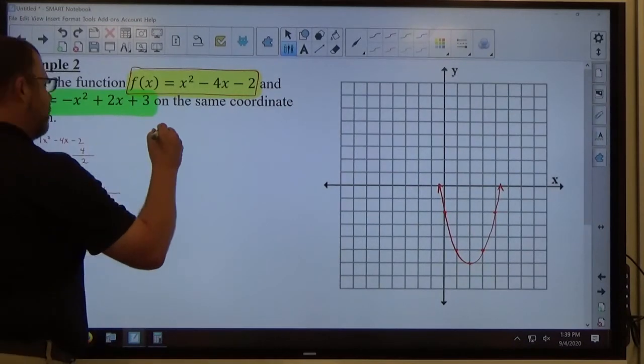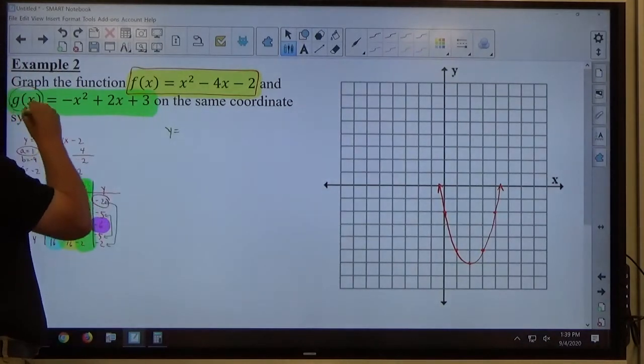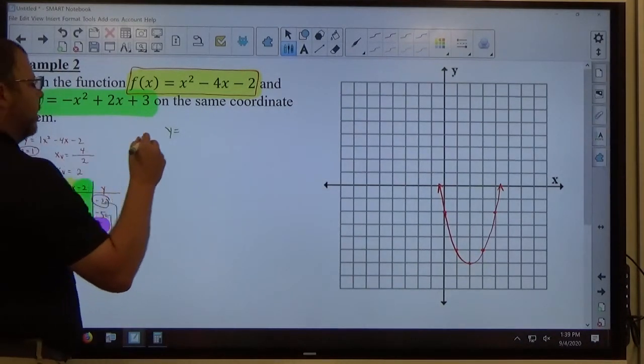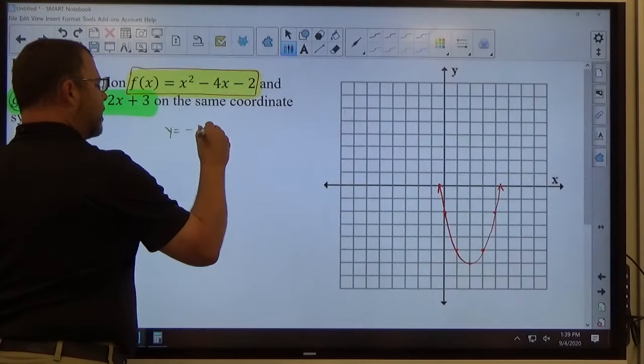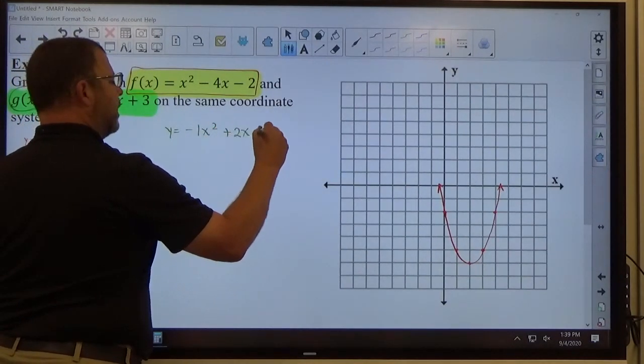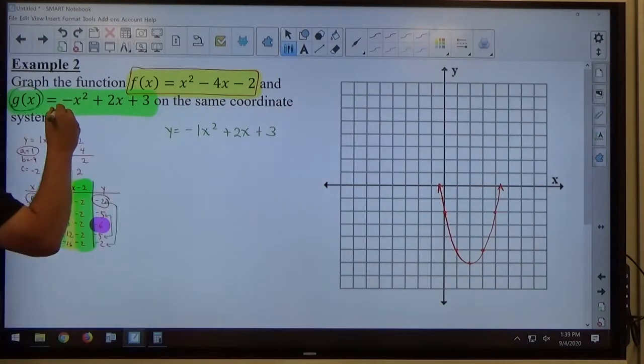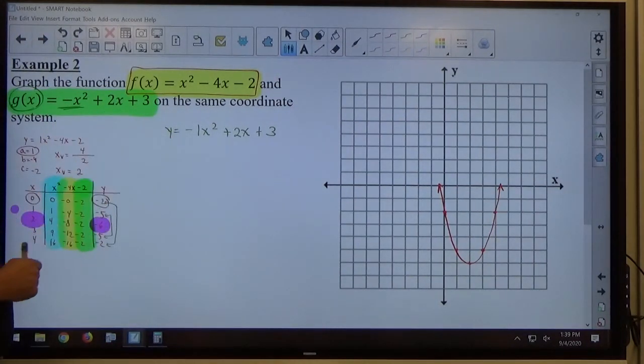So if we look at g of x, I'm going to write y equals, instead of function notation, when I'm graphing: negative 1x squared plus 2 times x plus 3. And again, notice it's negative x squared in the problem. I wrote negative 1x squared. I like to see numbers in front of my x squared and x so that I'm not getting confused with the whole a, b, and c thing.